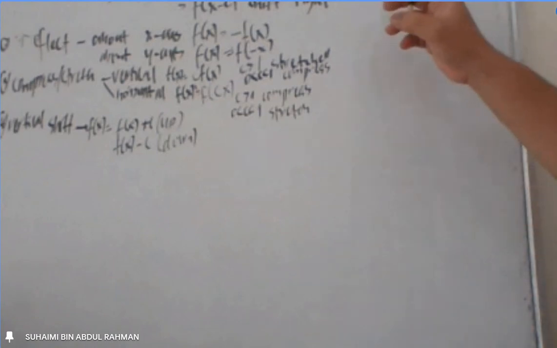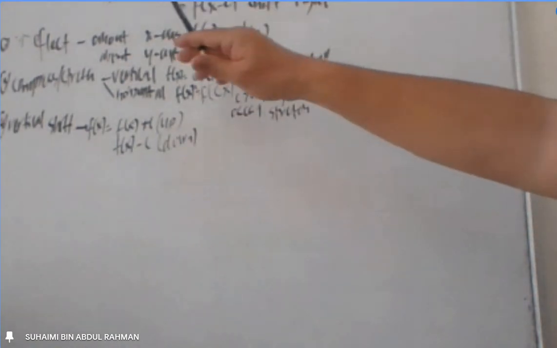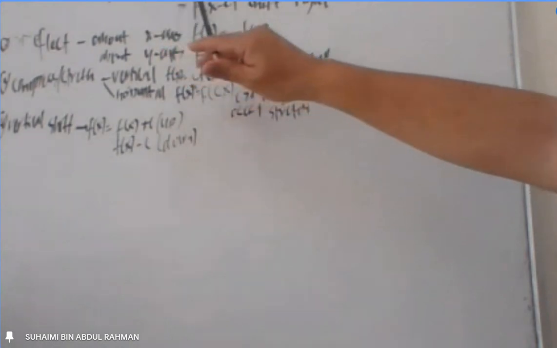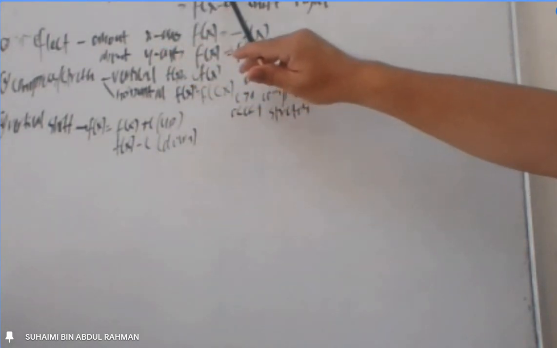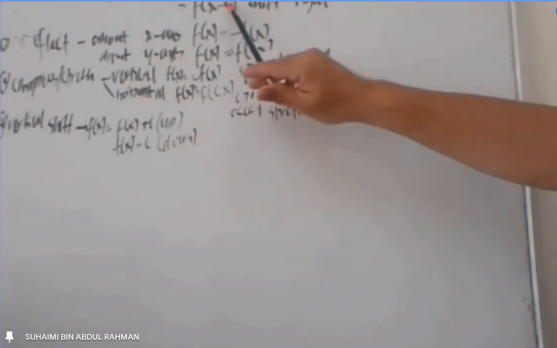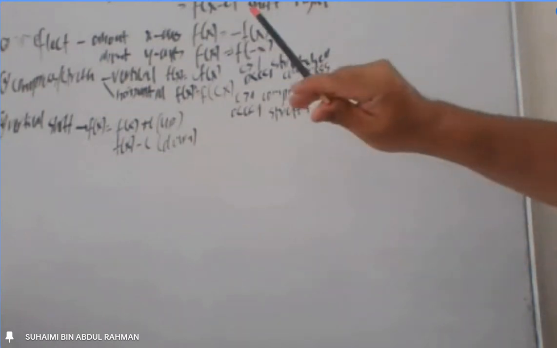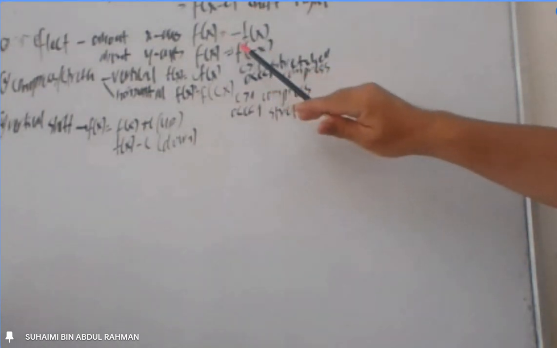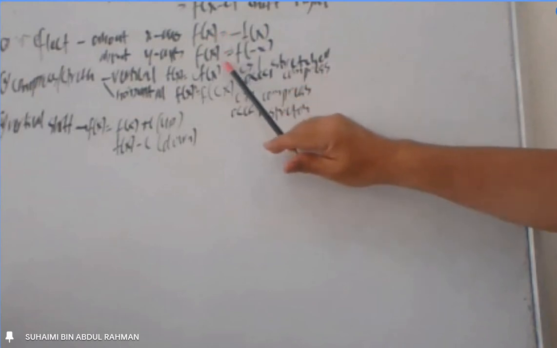So remember this. Remember always, horizontal shift happens when x plus c or x minus c. Reflection happens when minus f(x) or minus of our x.